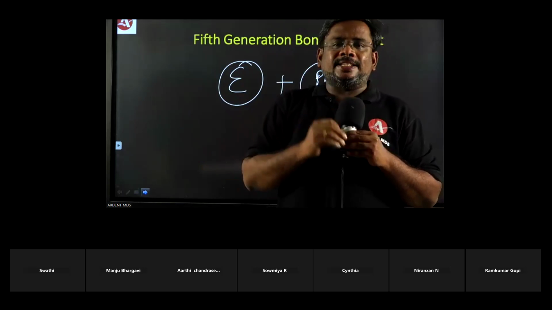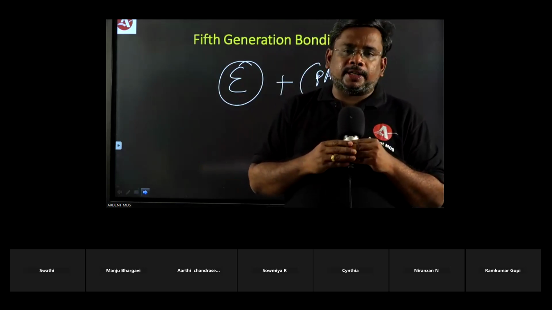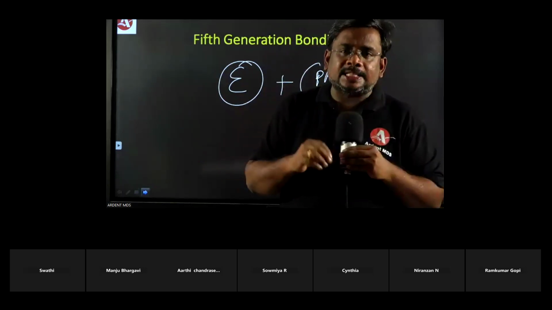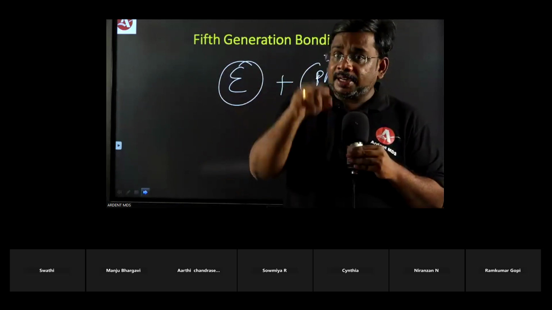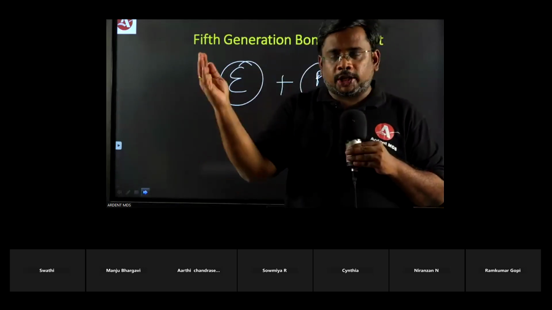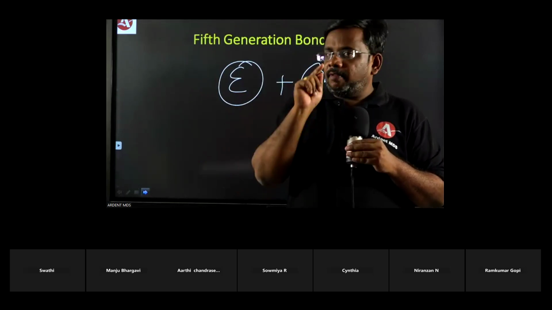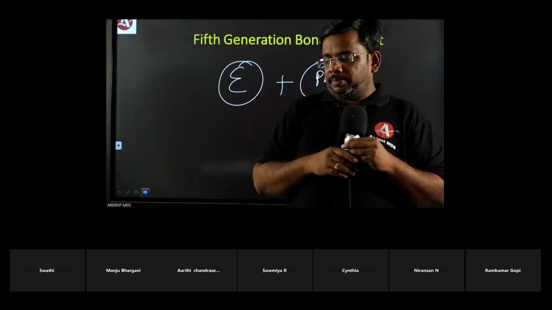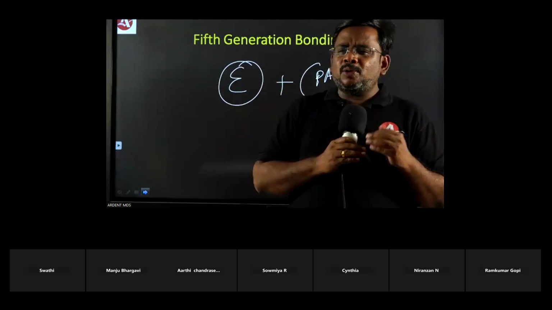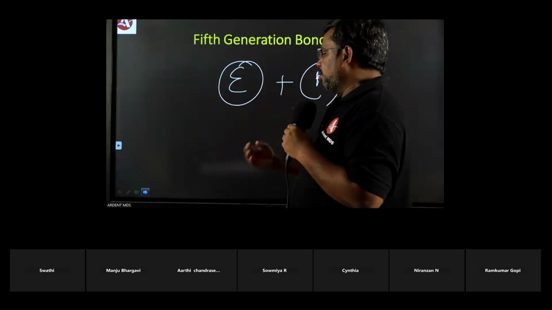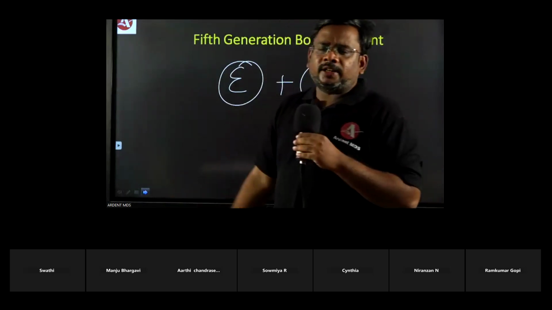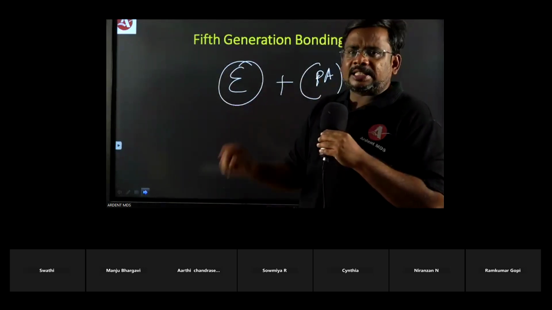The next three generations, their bonding strength is less. Remember, it is less. There's an evolution, but the bonding strength is less when compared to the fourth generation. So that is the reason we most often use fourth and fifth generation in the clinicals, not sixth and seventh generation.